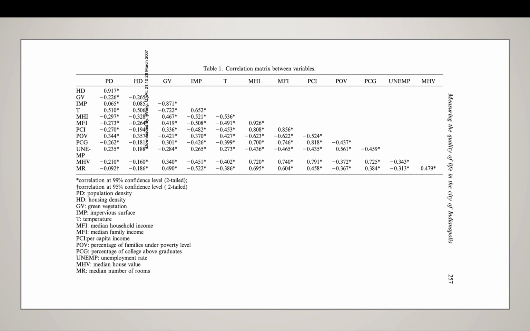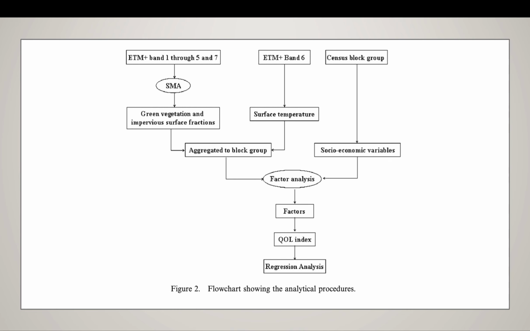And so you might be wondering how we create this correlation matrix and which tables were picked in those two different data sets. On this next graph, we can see the flow chart showing the analytical procedure.